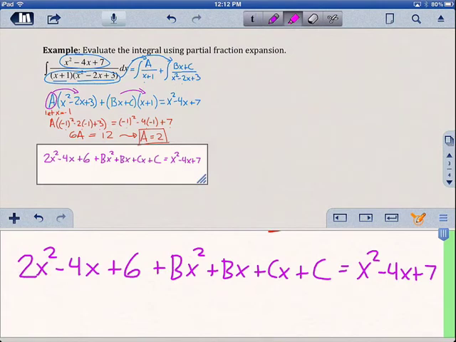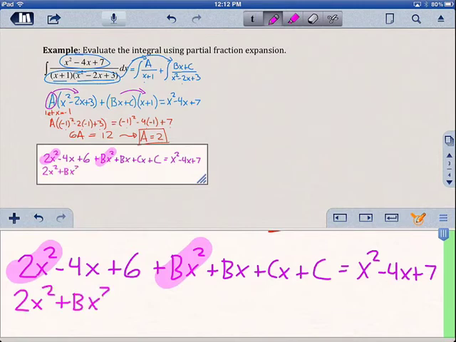So now let's group our like terms here. So this is going to give me 2x squared plus Bx squared, which we could rewrite as 2 plus B times x squared. We can group our x terms together. So it looks like 3 of them there.